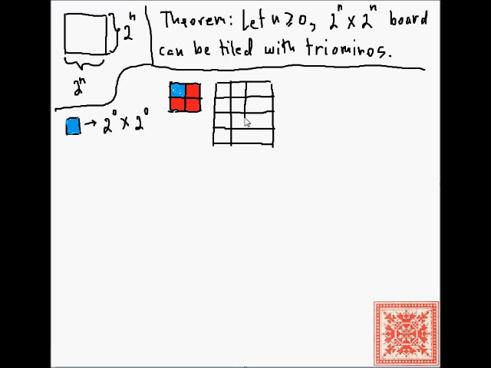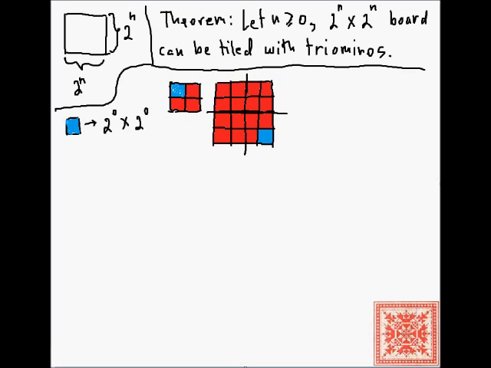Now let's generalize our solution. Say we have a 4 by 4 board, or 2 to the 2 by 2 to the 2. We can partition it into 4 subboards, or 4 quads. Say this is the missing tile. We can place one tile in the center like this, and then tile each of the subboards recursively. So this subboard is tiled, and this subboard, and this one.